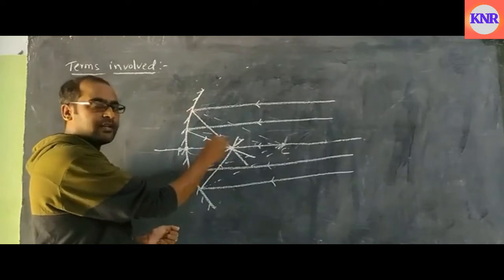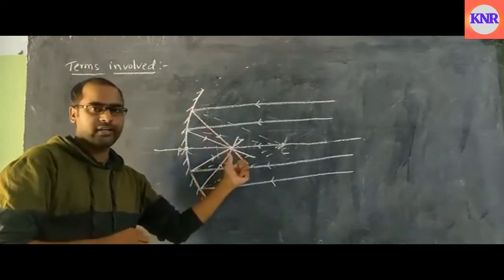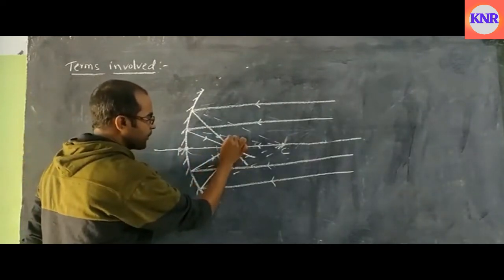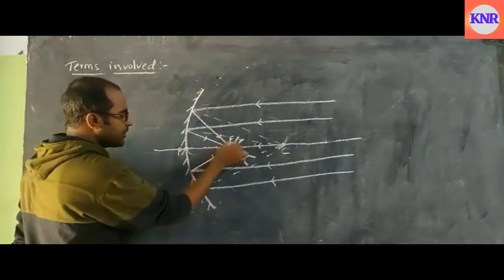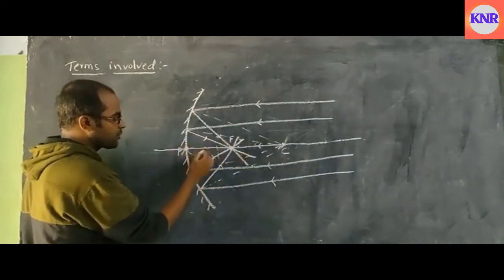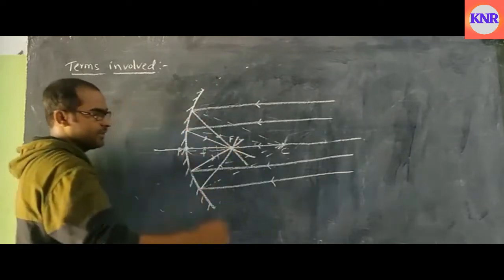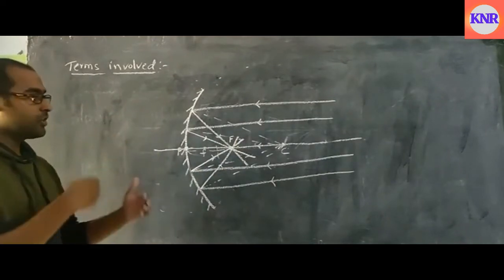That point is called the focus, principal focus or focal point, right? This focal point is represented by capital F, and the distance between this focal point and the pole is called the focal length, right?